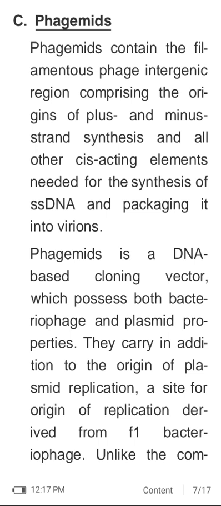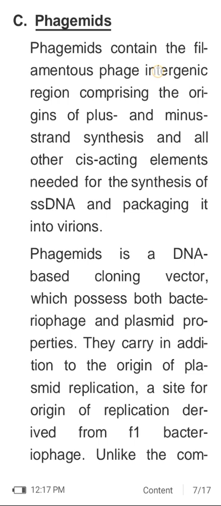Phagemids. Phagemids contain the filamentous phage intergenic region comprising the origin of plus and minus strand synthesis and all other cis-acting elements needed for the synthesis of ssDNA and packaging it into virions. And phagemid is a DNA-based cloning vector which possesses both bacteriophage and plasmid properties.